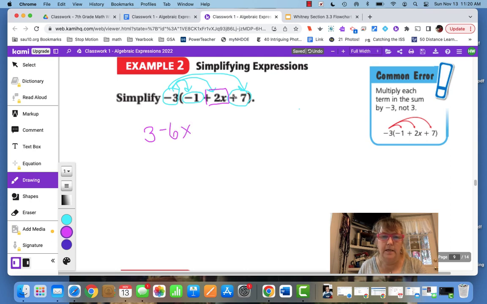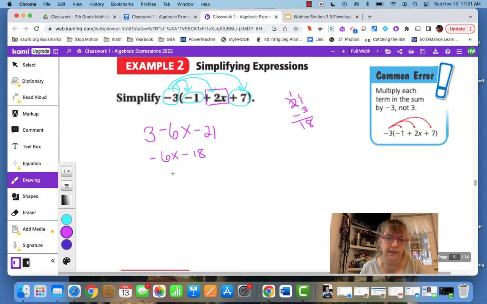Negative 3 times 7 is negative 21. Now the 3 and the negative 21 are like terms, so we're going to combine those. 21 minus 3 is 18. So that becomes negative 6x subtract 18.